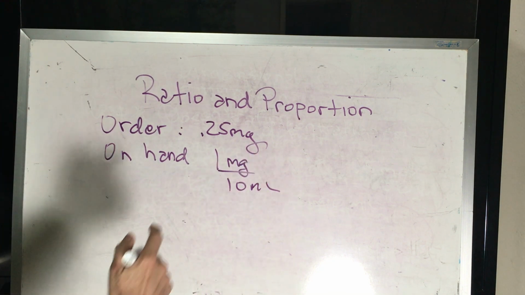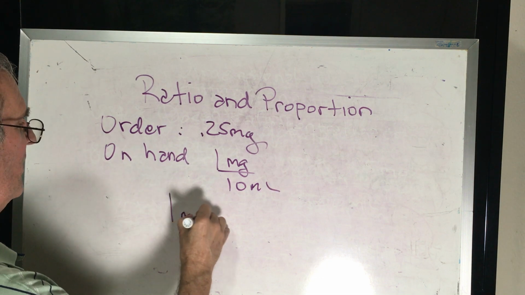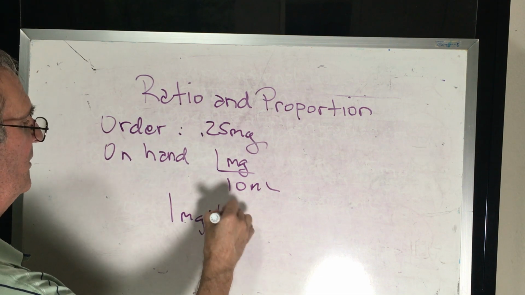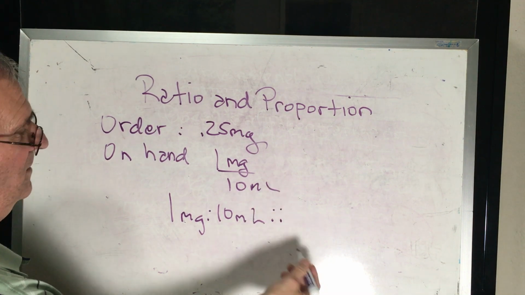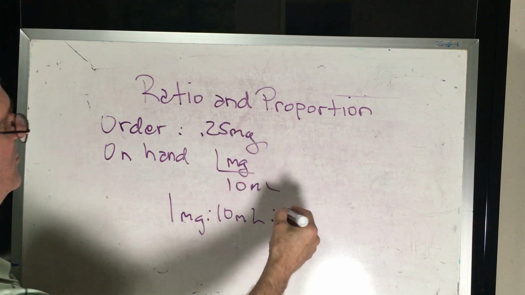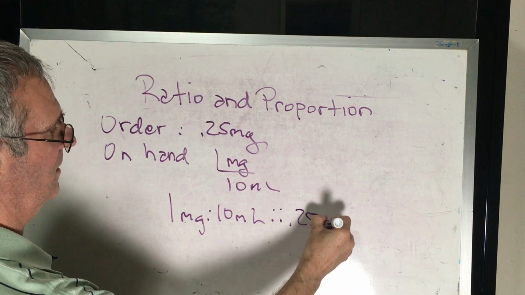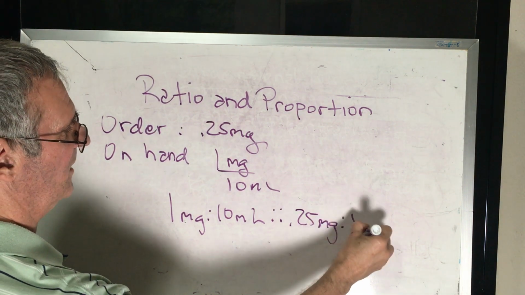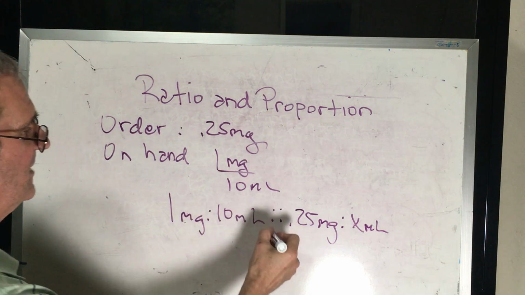So to set this up, I'm going to write what I'm given first, which is 1 milligram is to 10 milliliters as X milligrams, or 0.25 milligrams, is to X milliliters. This means as.